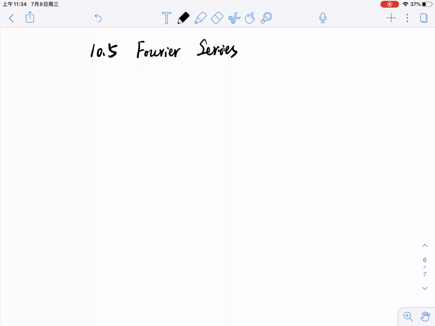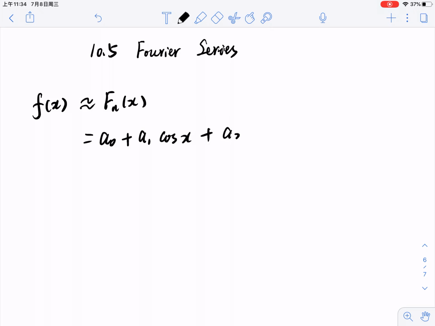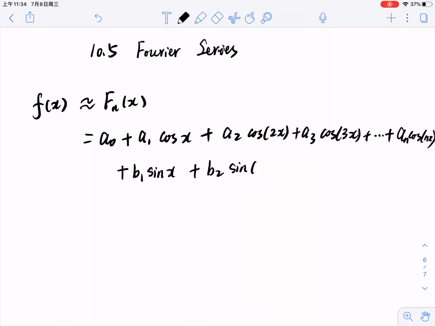So we will attempt to approximate f with a sum of trigonometric functions of the form a0 plus a1 cosine x plus a2 cosine 2x plus a3 cosine 3x and so on up to an cosine nx, plus b1 sin x plus b2 sin 2x plus b3 sin 3x and so on up to bn sin nx.